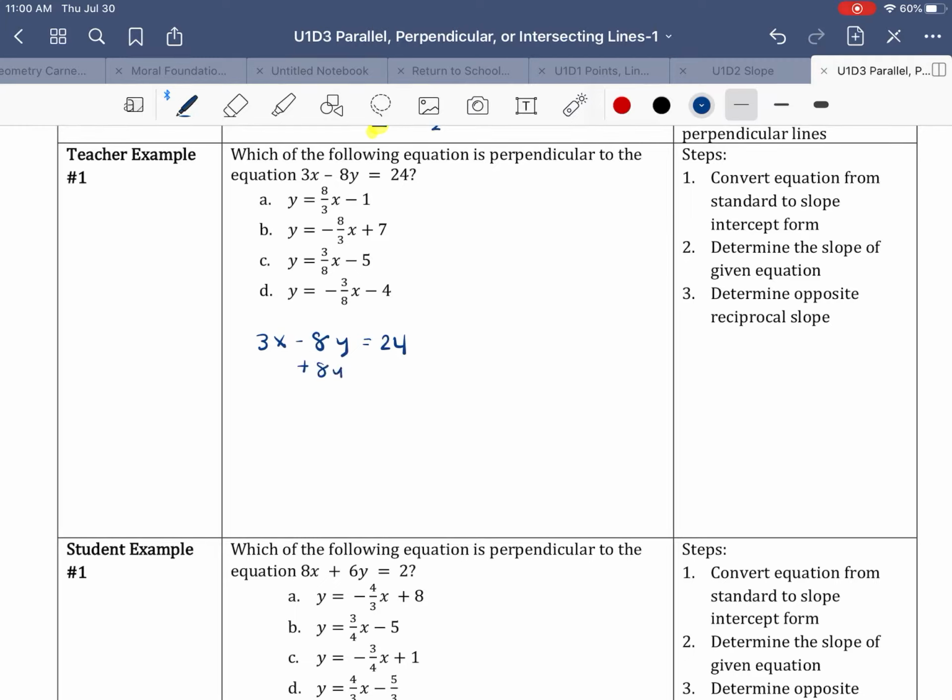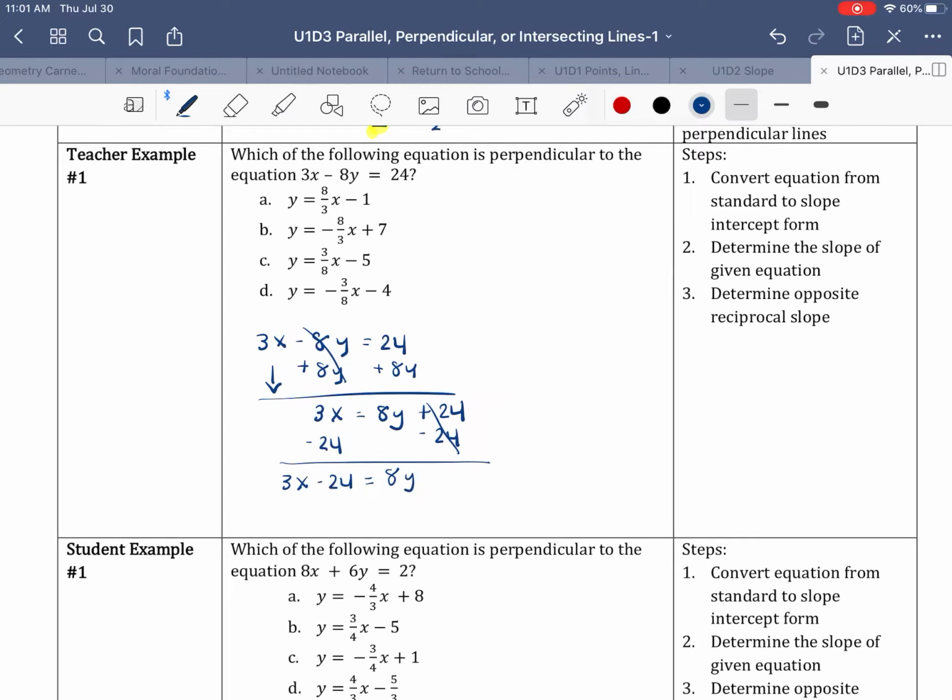I'm going to add 8y to both sides. Our 8y's go away because it goes to 0. Our 3x comes down, and we get 8y plus 24. From here, I'm going to subtract 24, so I can get y by itself. We're isolating the y. 24's go away. 3x minus 24 equals 8y.